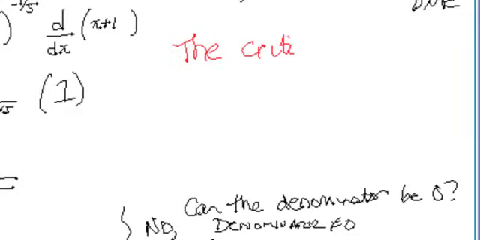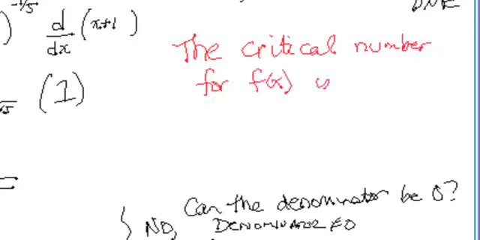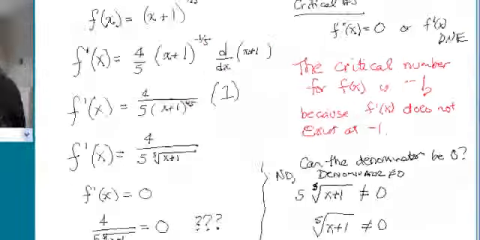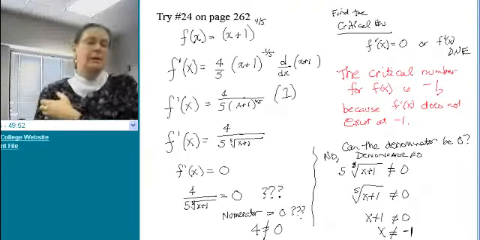The only critical number for this function is negative 1. That's a place where the first derivative does not exist. Now, the function itself is okay at negative 1, but the first derivative does not exist at negative 1. Let me go show you another one.